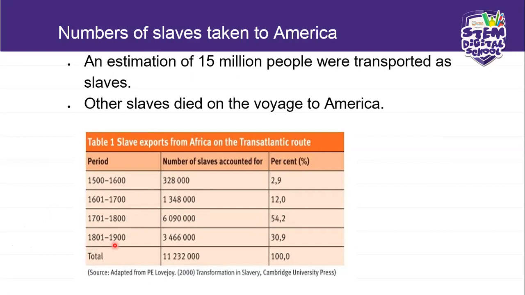From 1801 to 1900, 3.5 million. And you can see the percentages are increasing from one century to another. So a lot of West African slaves were transported to America during the transatlantic slave trade. It was such a bad experience for them.